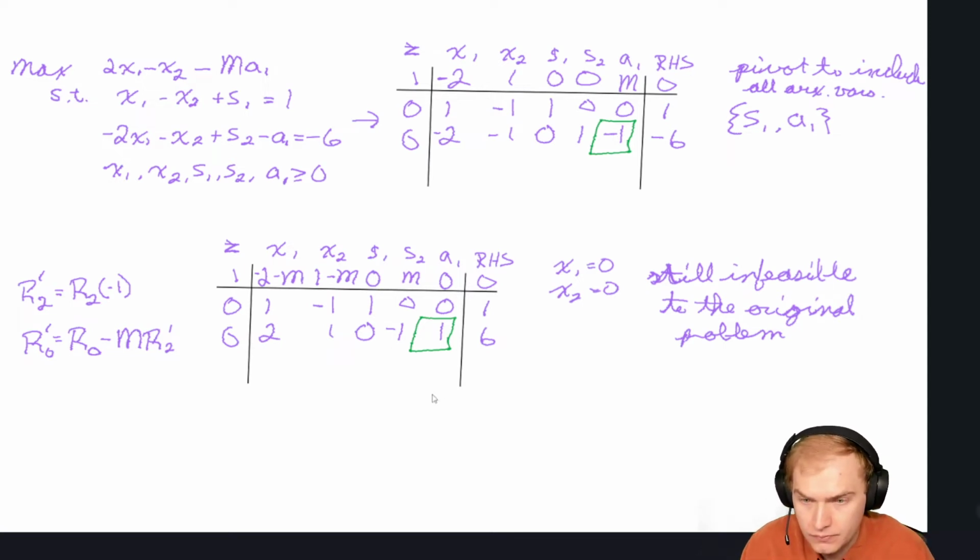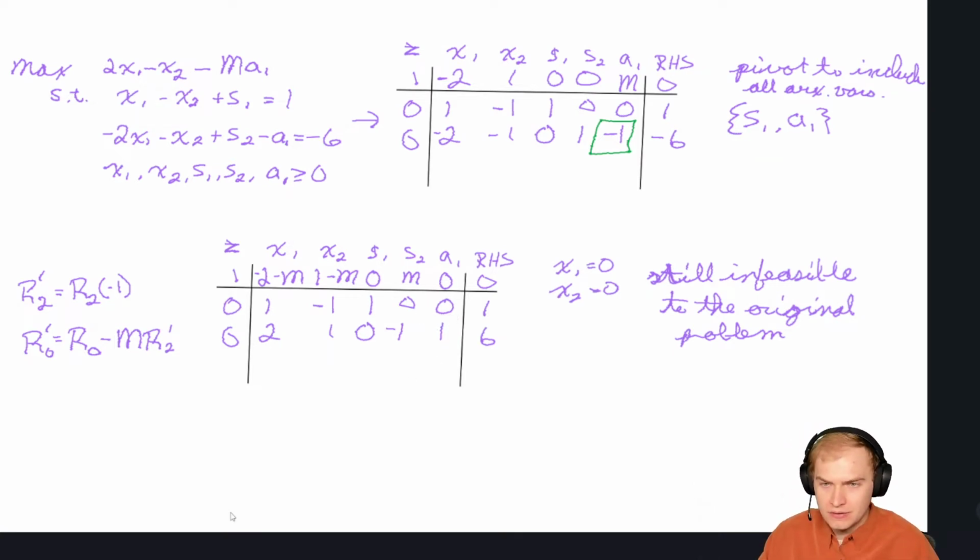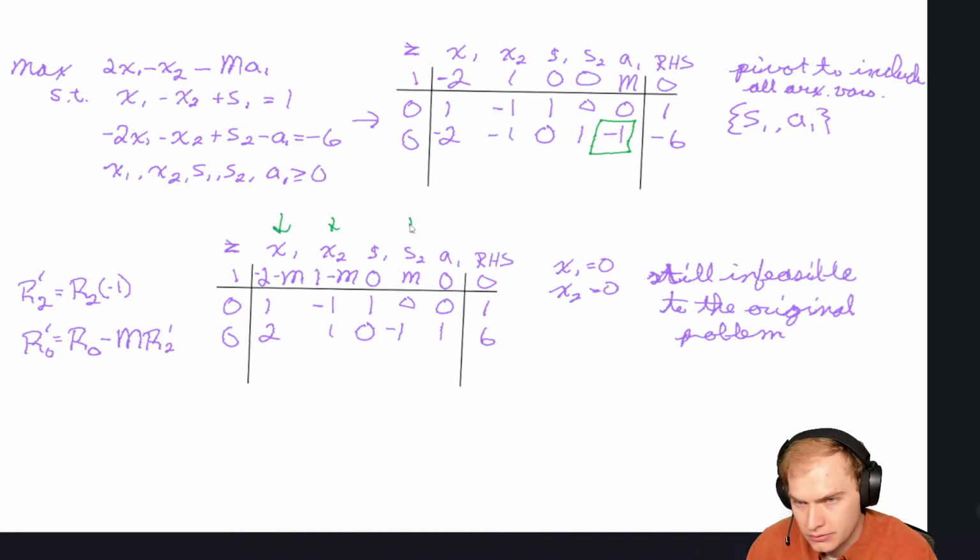So we want to pick the non-basic variable with the smallest negative value. And remember that M is positive, so S2 is out because M would be positive. 1 minus M, we're kind of assuming that M is a very, very big number, so it's likely that that's negative.